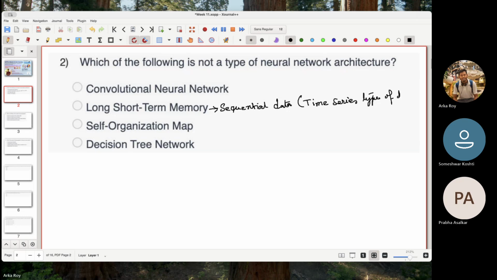The long short-term memory is another special type of neural network architecture, which comes under the head of recurrent neural network architecture.